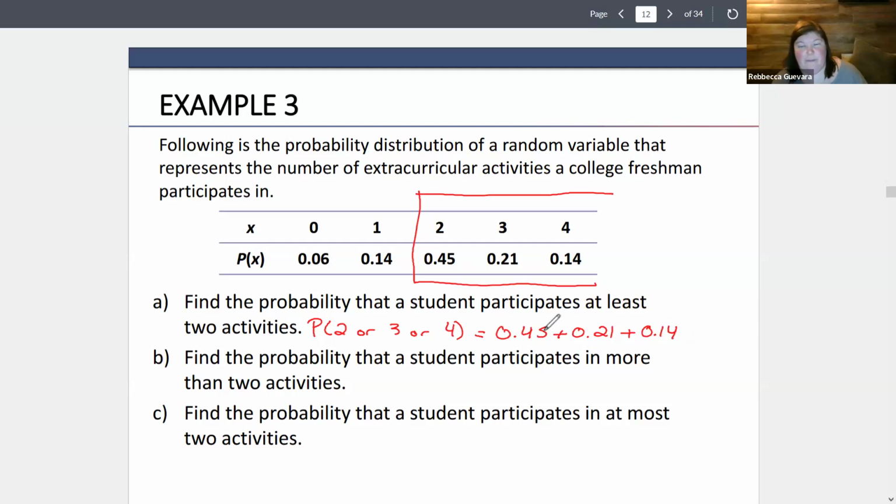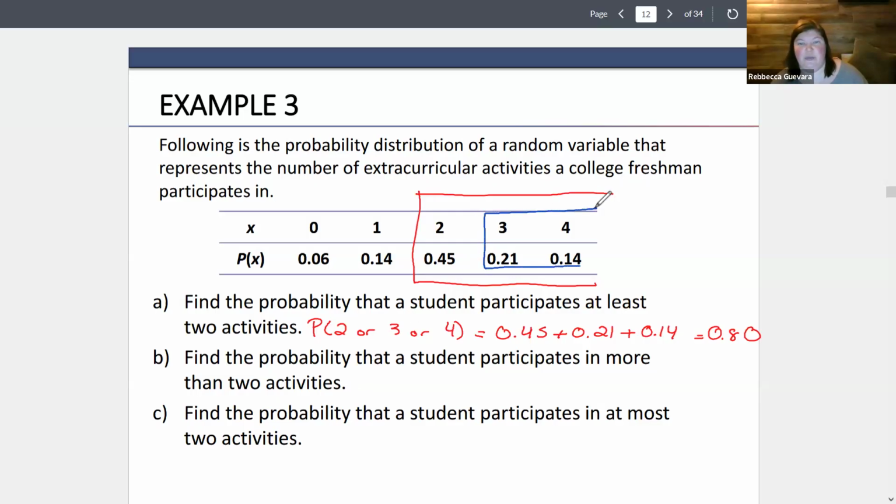So that is going to be 0.80. There's an 80% chance that a randomly selected college student would participate in 2, 3, or 4 activities, or at least 2 activities. We want to find the probability the student participates in more than 2 activities.